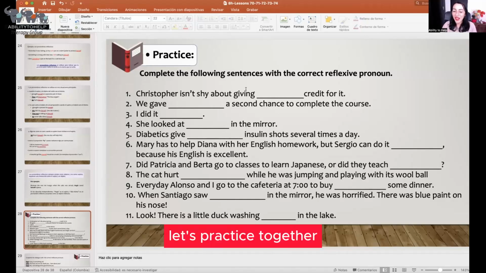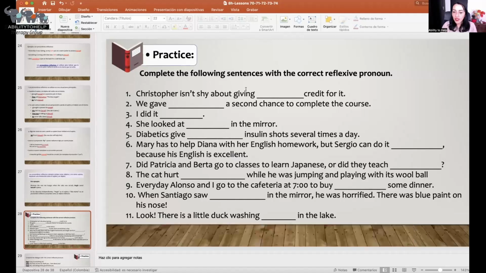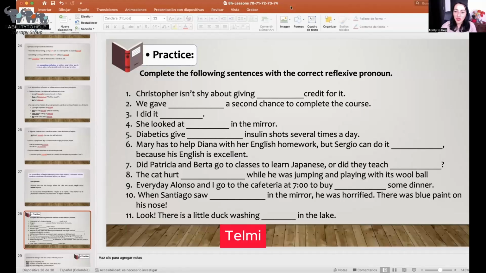Let's practice together. Okay, so Christopher isn't shy about giving... Which one do I have to write here, please? Tell me.